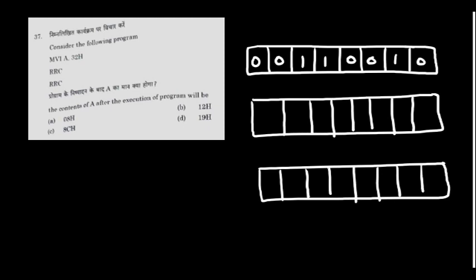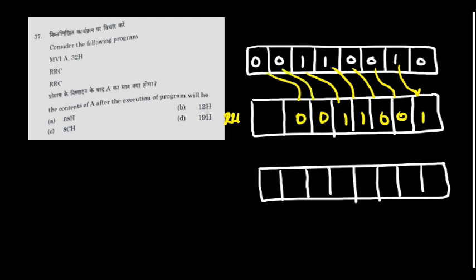Now when you apply the first RRC command, rotate accumulator right, then what happens? This bit comes here, that is 1 0 0 1 1 0 0, and whatever is the first bit comes here, that is a 0. Again, if you apply the RRC command once more, the result is going to be what?